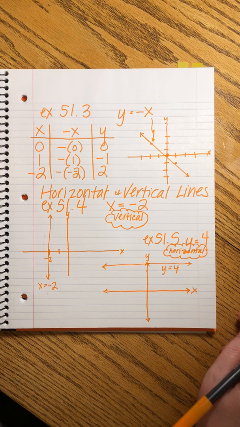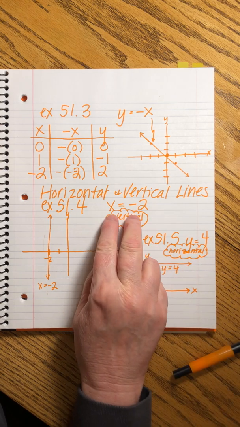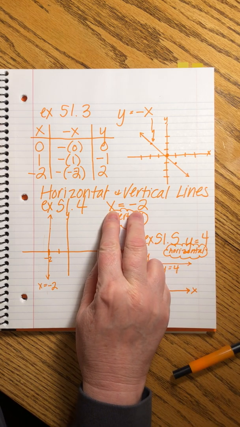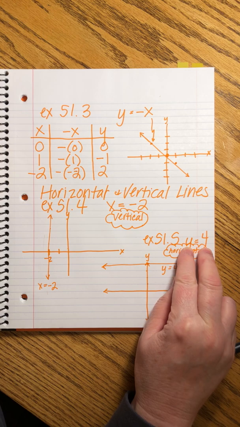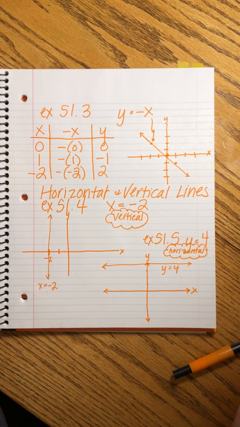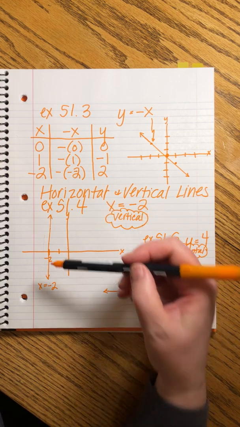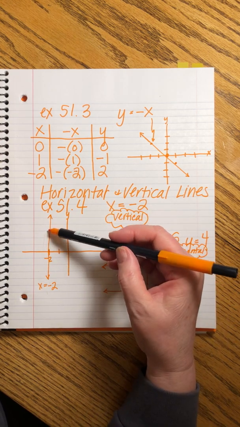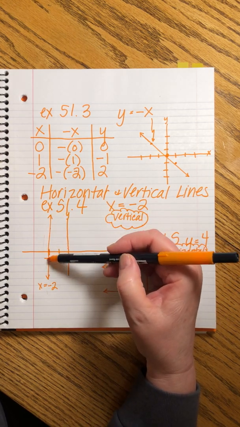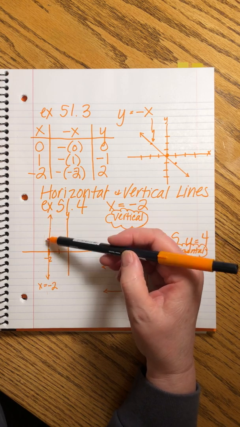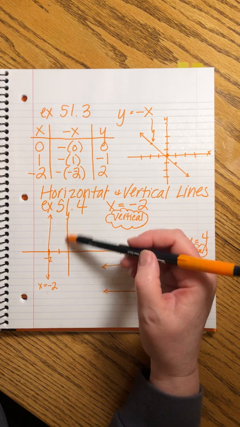The main thing I want you to remember is that when you see the equation of a line and it's just one letter equals a number, you know it's going to be one of these weird ones, and you can just logic it out. Right? X equals minus 2, that means x is always equal to minus 2. So you just draw a line that shows minus 2 no matter what the y is.